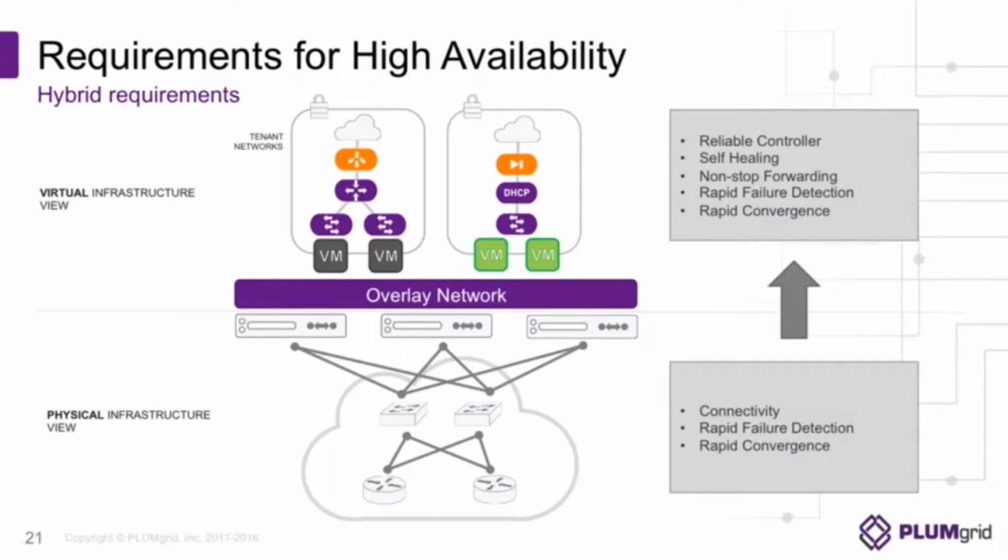When people have working OpenStack with virtual networking deployed in their data center, when you combine those requirements for high availability, you get this picture where your physical networking hardware is expected to take care of connectivity, have rapid failure detection and rapid convergence.